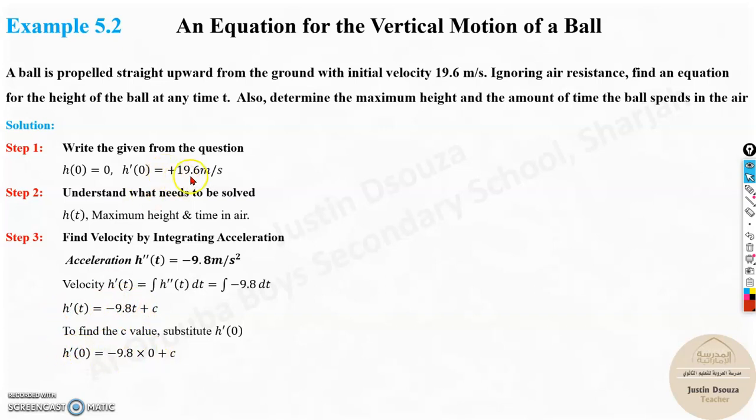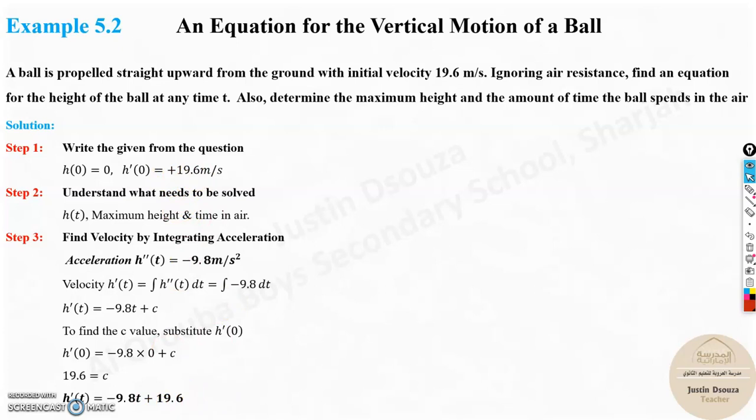What is h dash of 0? 19.6. That is the c value. In the last video, I told you whenever it is just linear or quadratic, you don't even need to solve it. You know the c value will be the same thing. Okay, so now h dash of t is minus 9.8 t plus the constant, 19.6.